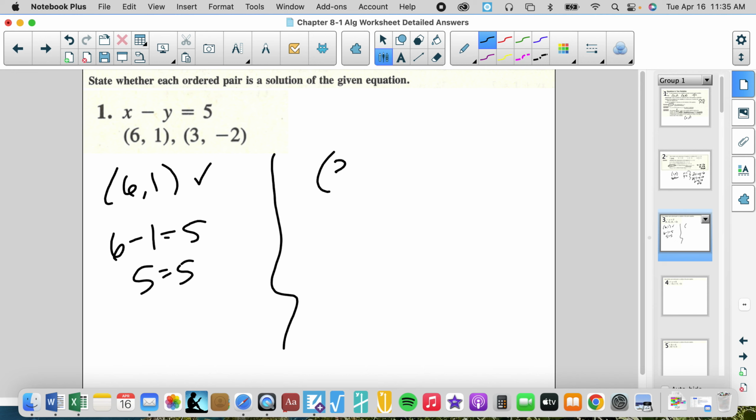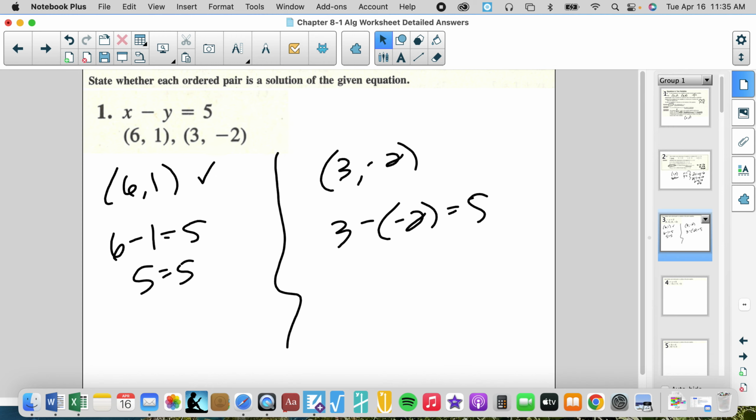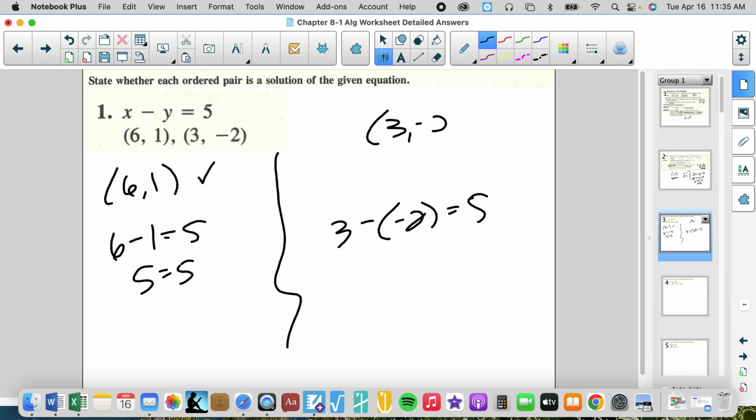We'll plug in the other ordered pair, 3 for x, negative 2 for y, in x minus y equals 5. This is the first place where students will make a mistake. And let's show why that is the case. Let's put that ordered pair back up here, 3, negative 2, and we write x minus y equals 5.